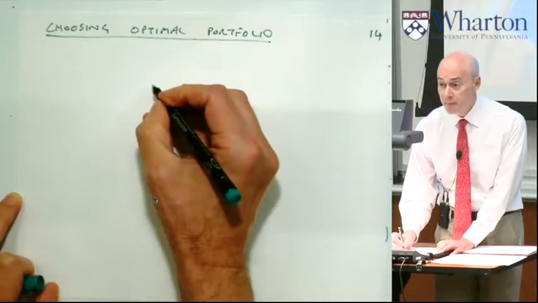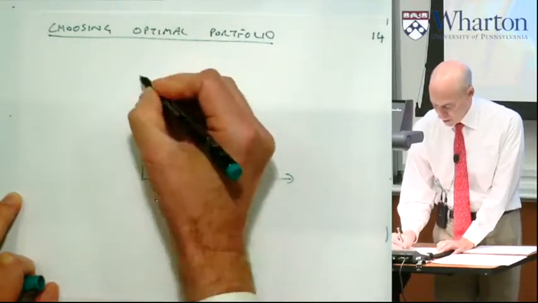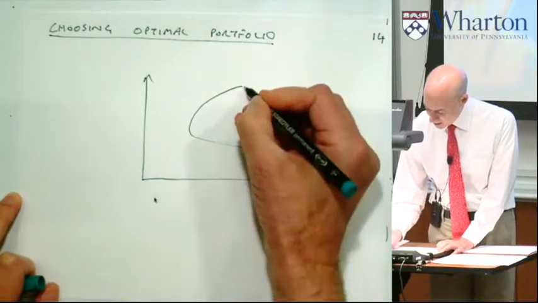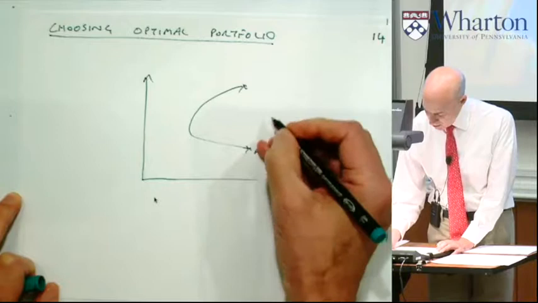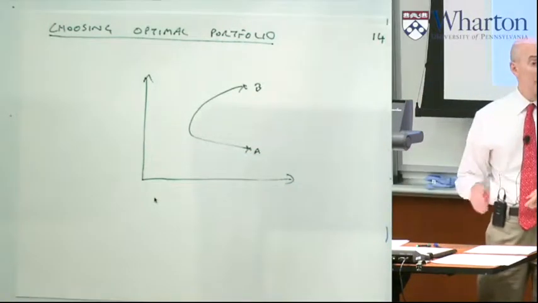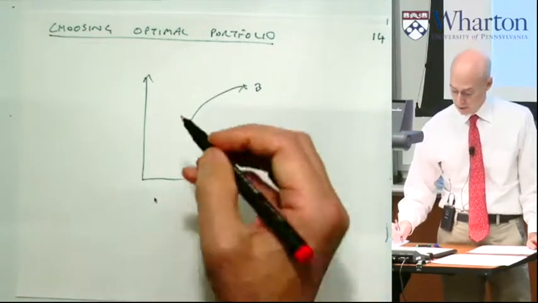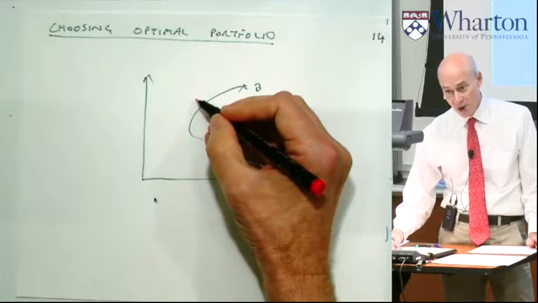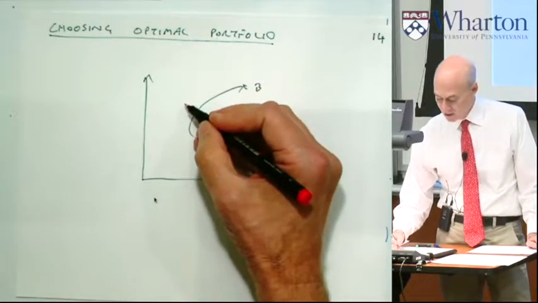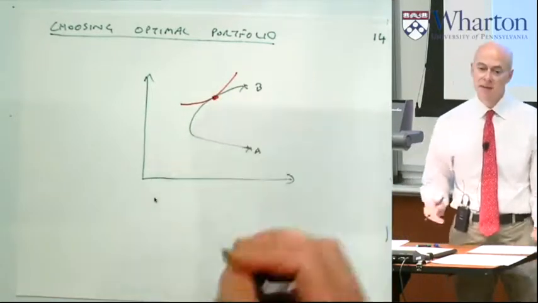What are we going to get? So we have some portfolio locus like that. The best portfolio for you is going to be where? Well, it depends on what. What's it going to be determined by? Your risk aversion. So if you had regular kind, you would be somewhere like that.